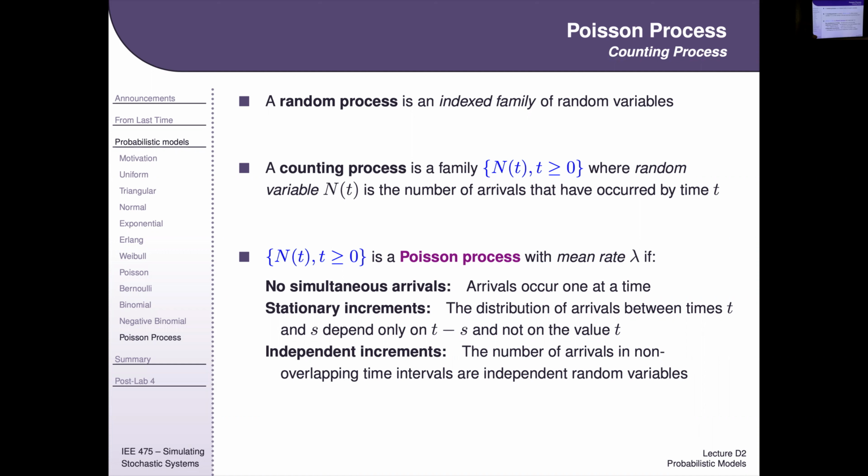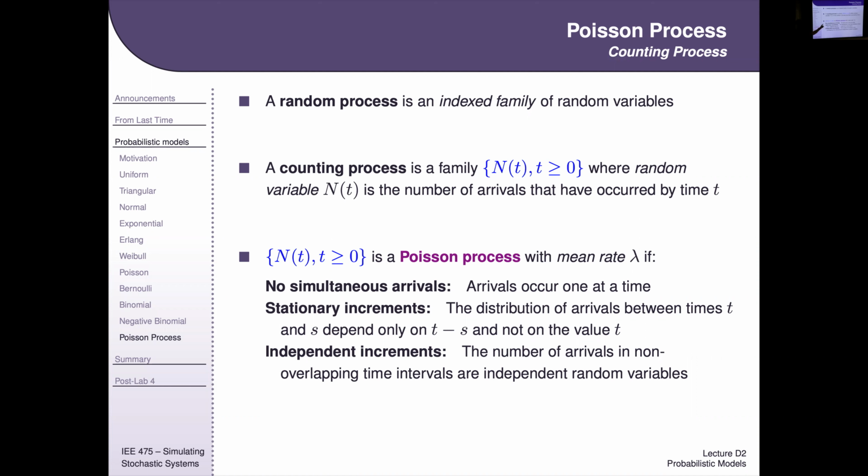And what stationary increments means is that the distribution of arrivals between any two times only depends on the difference between them. So if I want to say how many people arrived in the first hour and how many people arrived in the second hour, all I need to know is that it's an hour-long duration that I'm asking about. It doesn't matter that it's the first hour or the second hour. That's what we mean by stationary increments.